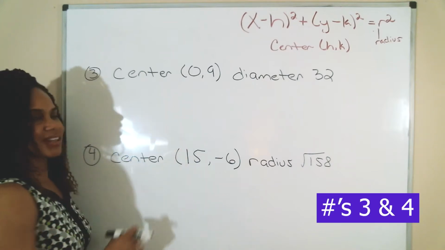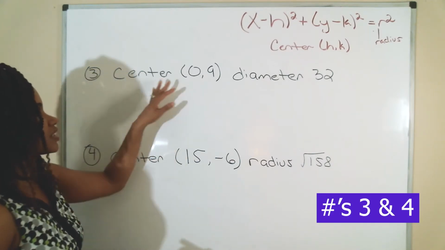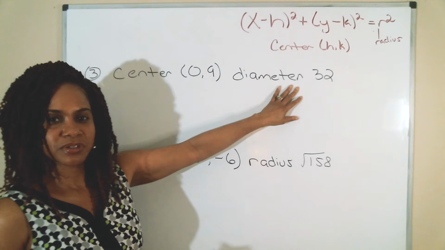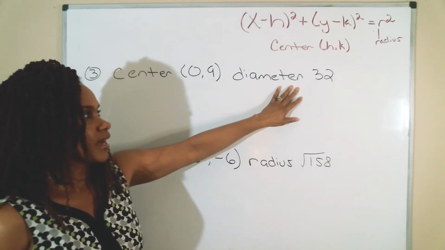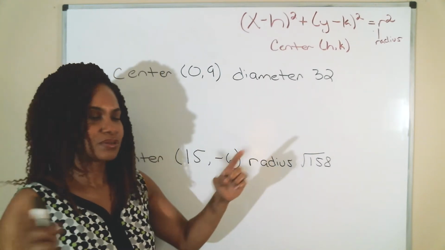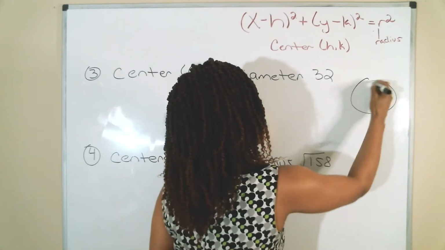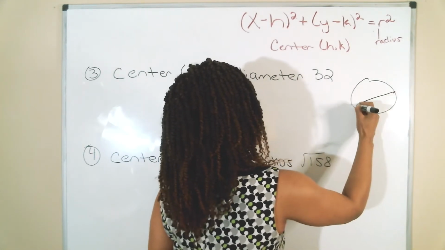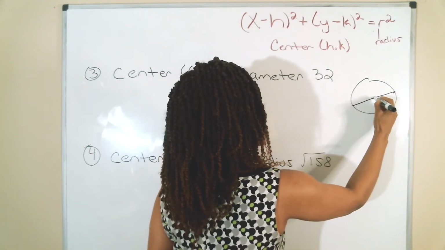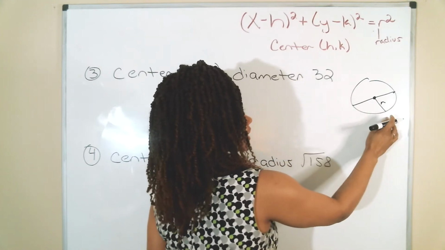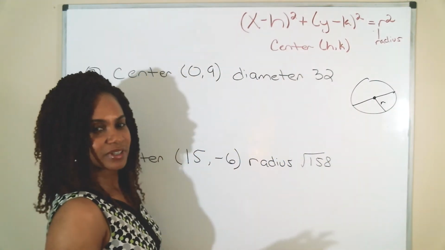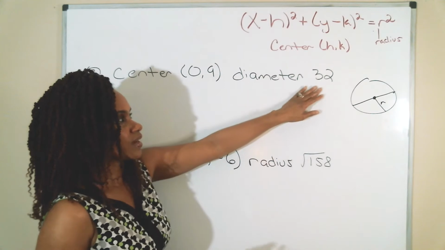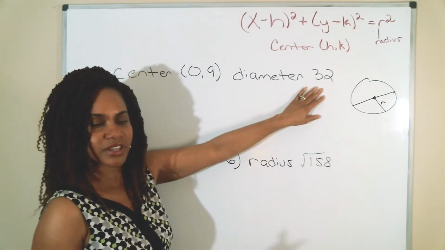So let's take a look at these examples here. We're given the center and we're given the diameter for this one. So now remember, the diameter goes across the circle, so it goes from one edge to the next. And the radius is from the center to the edge. And so the radius is half of the diameter. So if we're given the diameter, we just take half of it to get the radius.